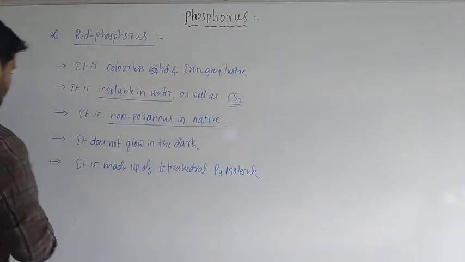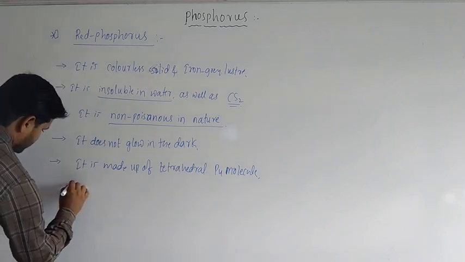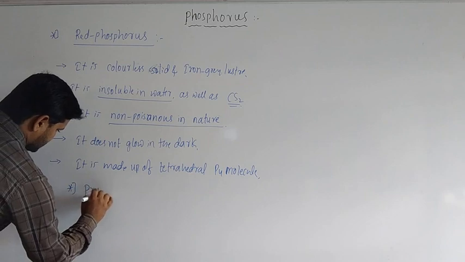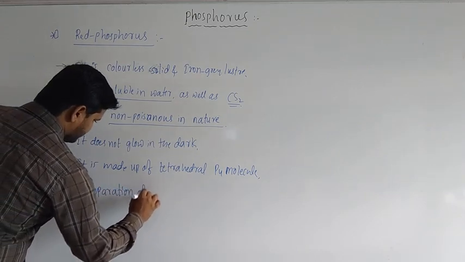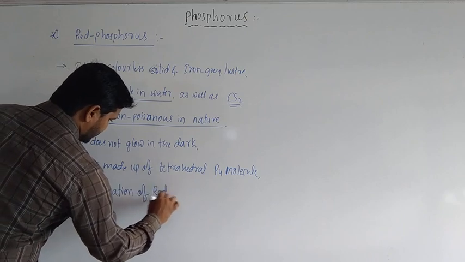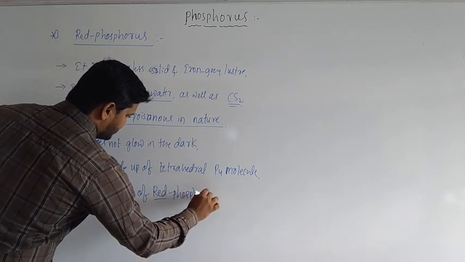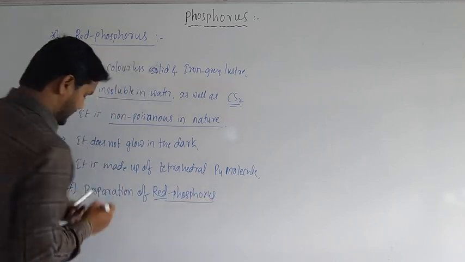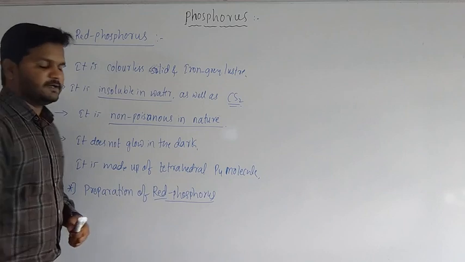Okay, before going to that, preparation of red phosphorus. So here, student, red phosphorus is obtained by heating white phosphorus at 573 Kelvin temperature in an inert atmosphere.